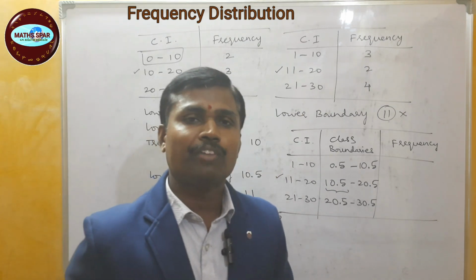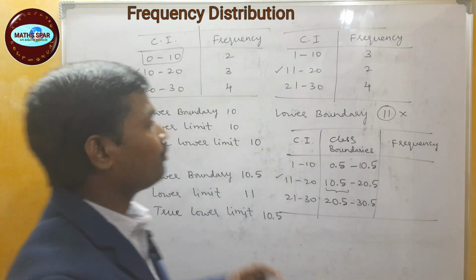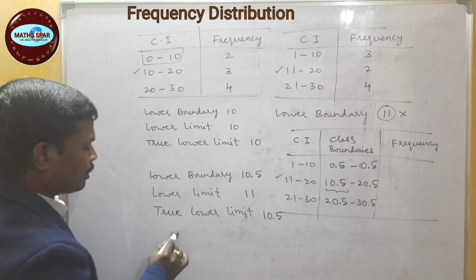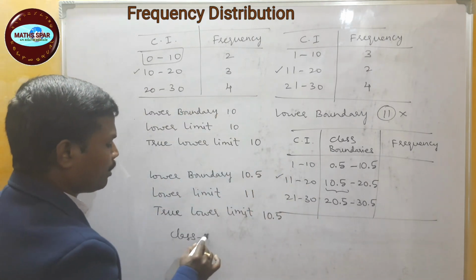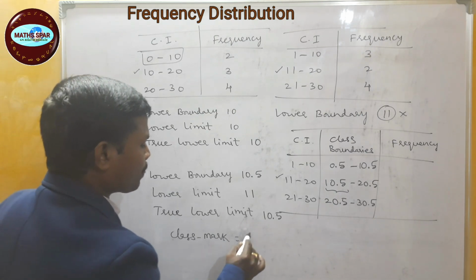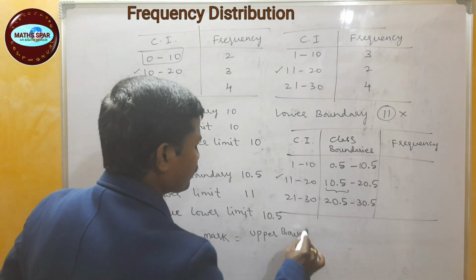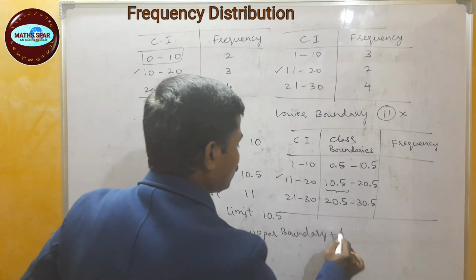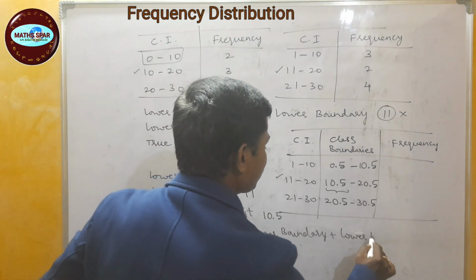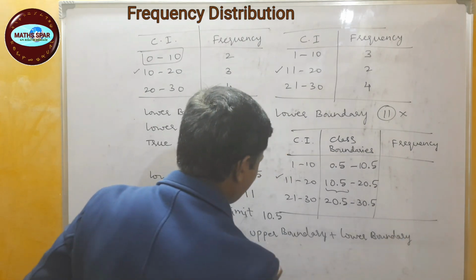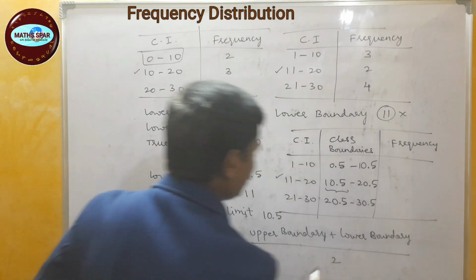Then how do we find the class mark of given class intervals? Class mark can be found by upper boundary plus lower boundary divided by 2.